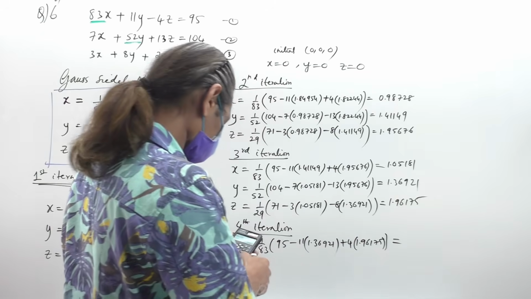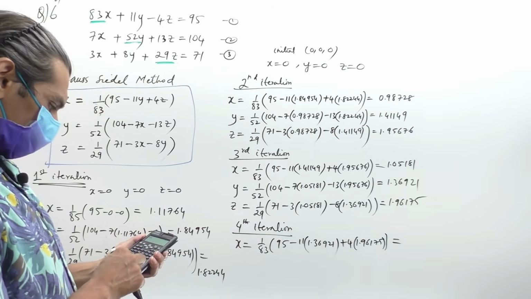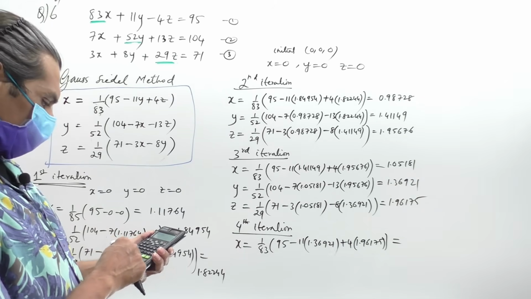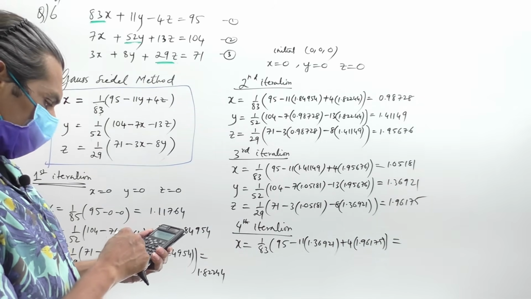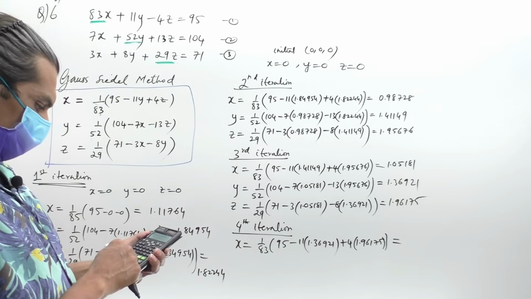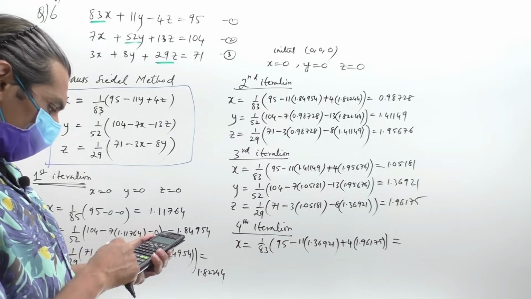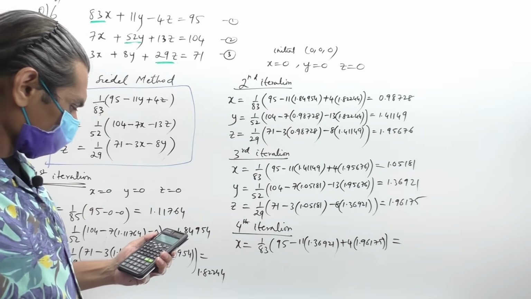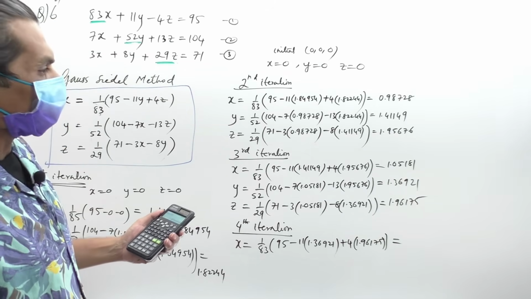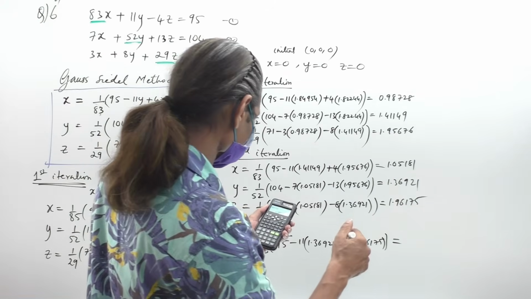So that will be 95 minus bracket 11 into 1.36921 bracket closed plus bracket 4 into answer, divided by 83, it's coming as 1.05766.